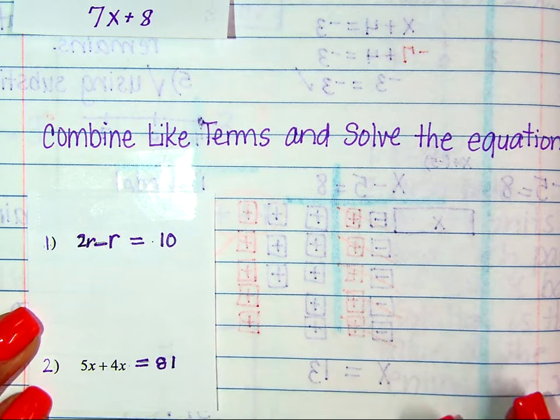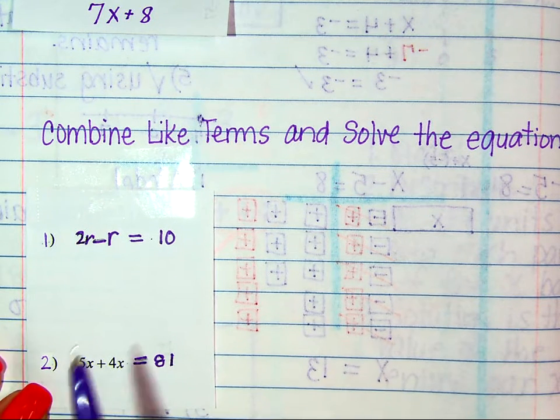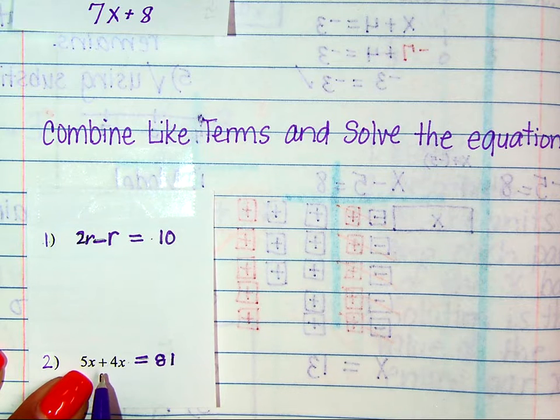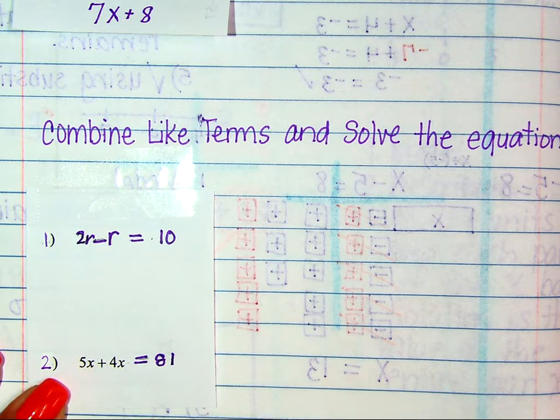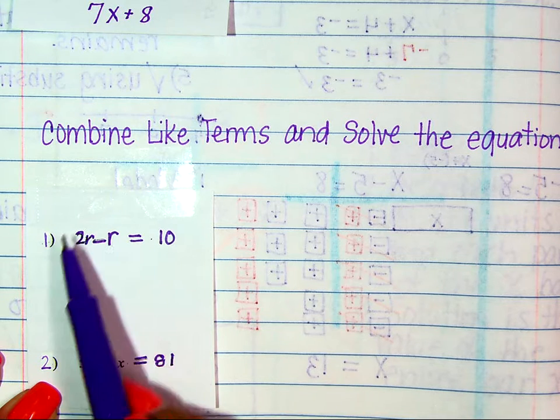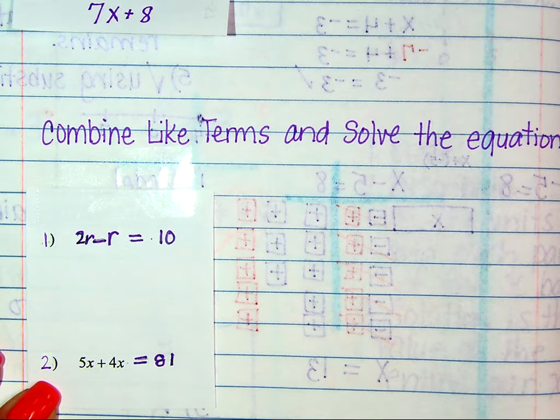The second example says 5x plus 4x equals 81. So I'd like you to try to first combine like terms and then solve the equation using inverse operations. Okay, pause that video, try these two, and then come back and play it again when you're ready.